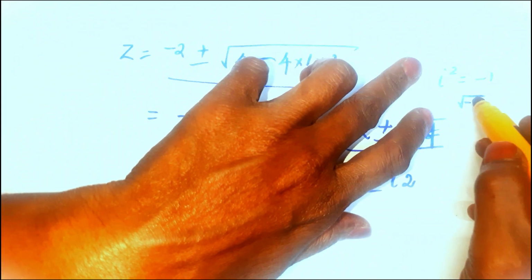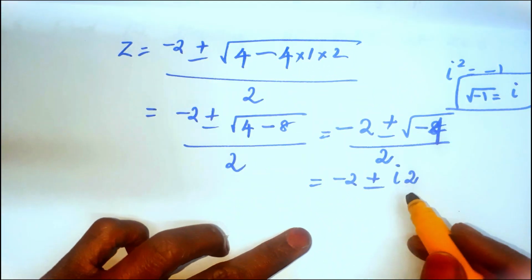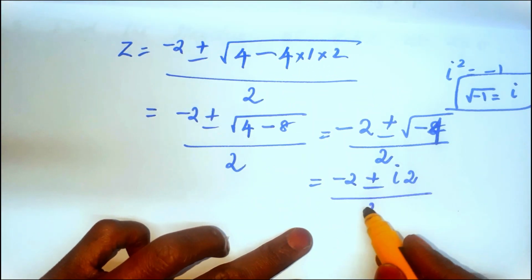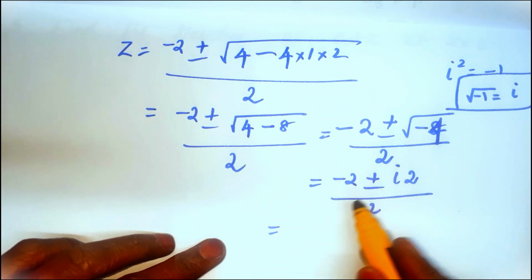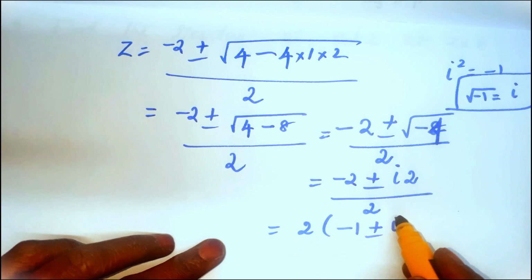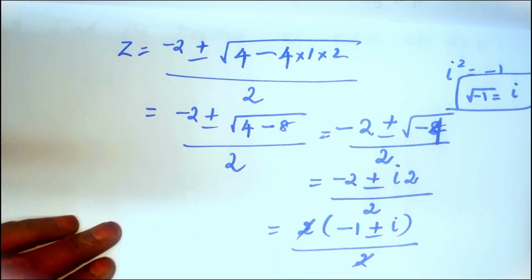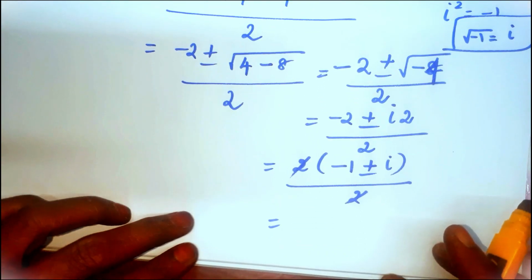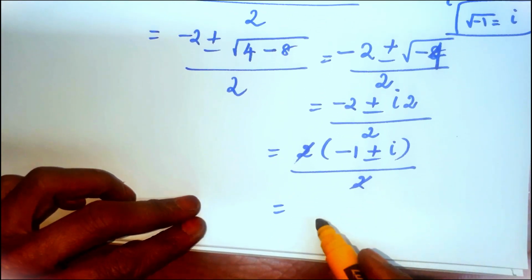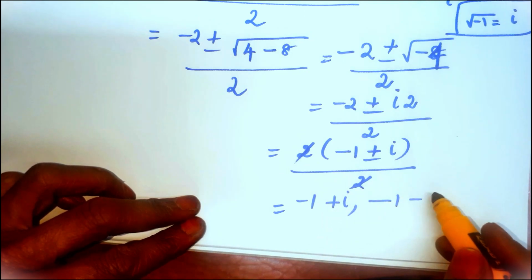So root of minus 1 can be taken as i. And for 4 we can take the factor 2 by 2, which is equal to, both the terms are having 2 common. So minus 1 plus or minus i by 2. 2 we can cancel. So we got two factors as minus 1 plus i and minus 1 minus i.